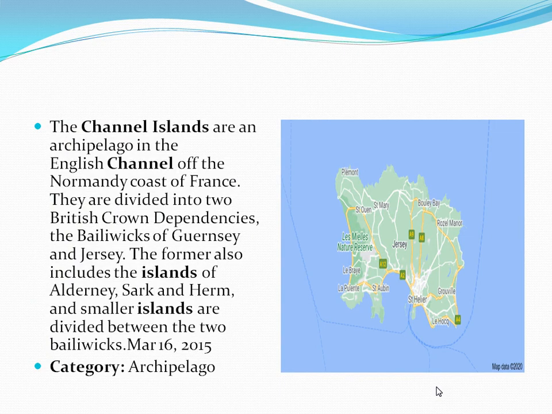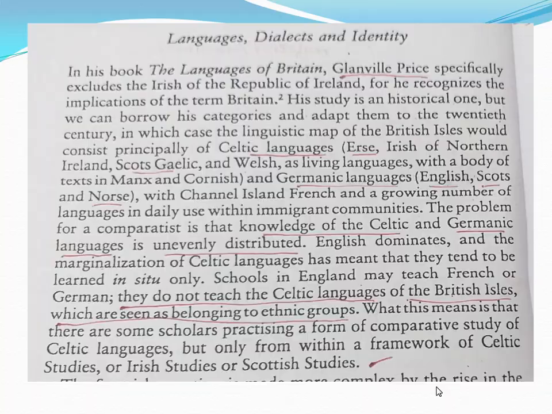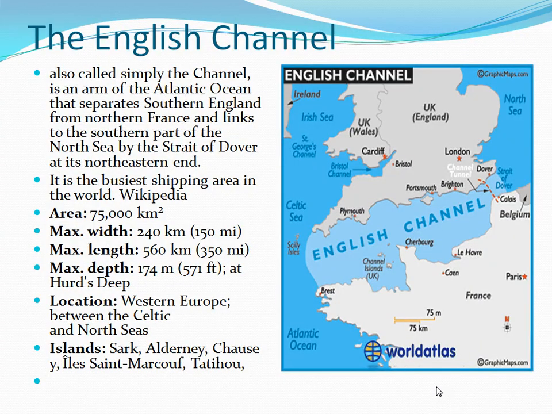Apart from that, there is another portion, the Channel Islands. Okay? The Channel Islands are also included in the English dependency. This is the map. This is France, Belgium, UK, and here there is Ireland. Okay? And this is the English Channel.